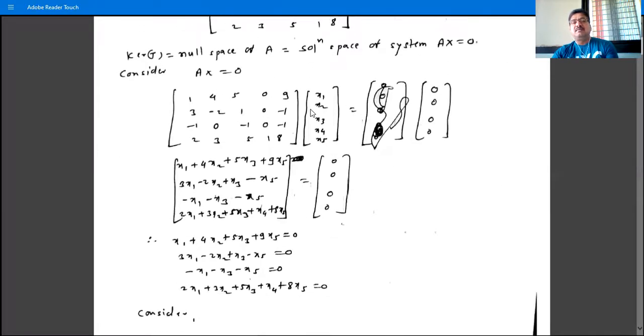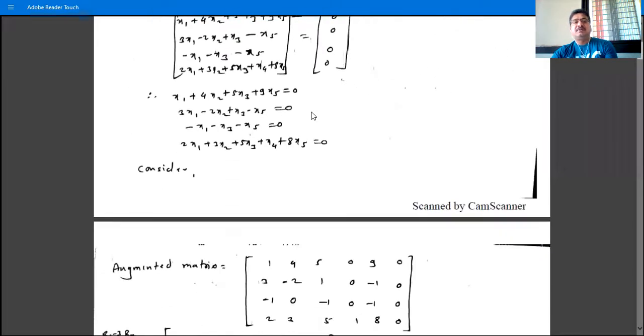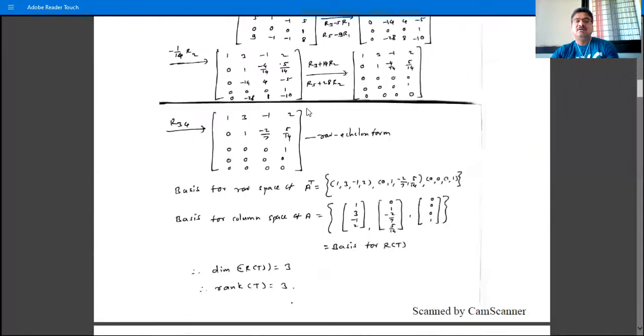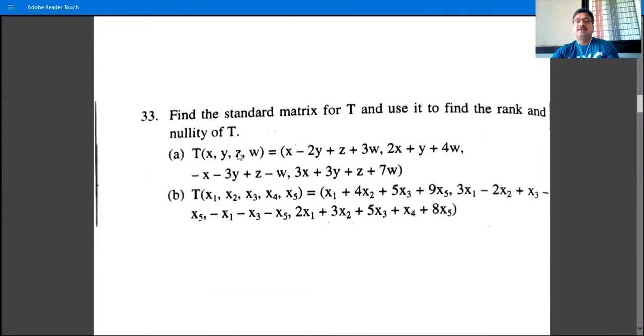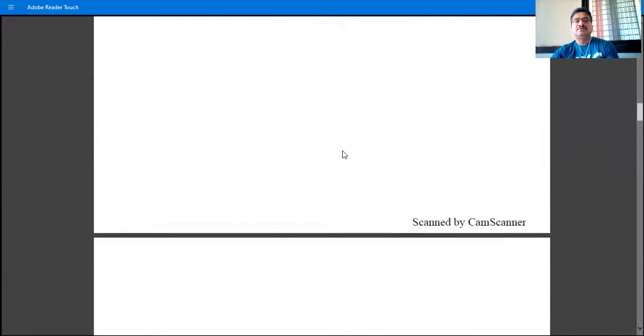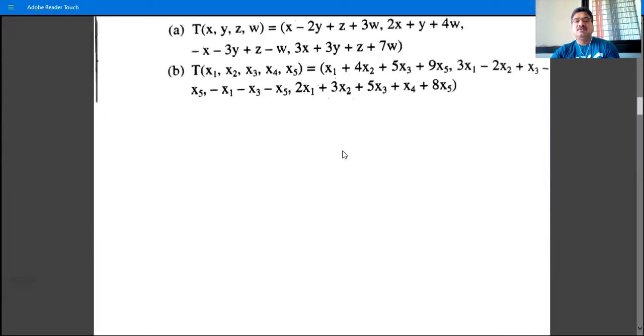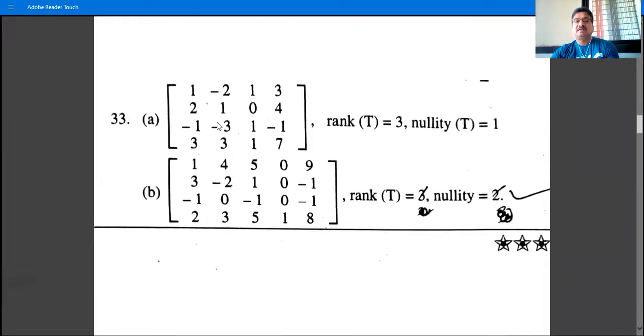And then find the basis and dimension of the kernel of T and the range of T, that is, the rank of T and the nullity of T. So first find the standard matrix for T, and then find the rank and nullity, by finding the basis for the range of T and the basis for the kernel of T using the previous procedure. Okay, so the answer is given. This is the standard matrix, and the rank of T is 3 and the nullity of T is 1.